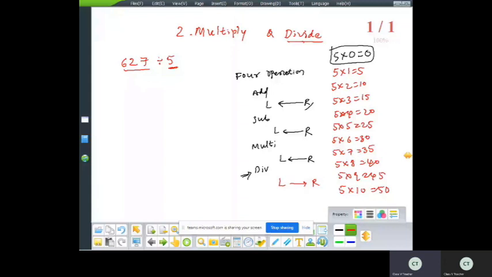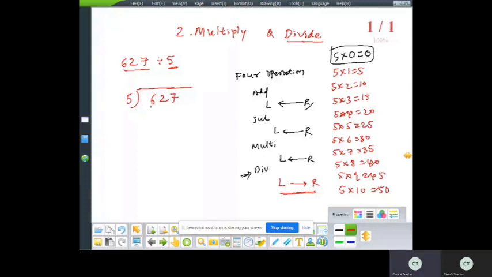See, 627 is divided by 5. First, there is 6.